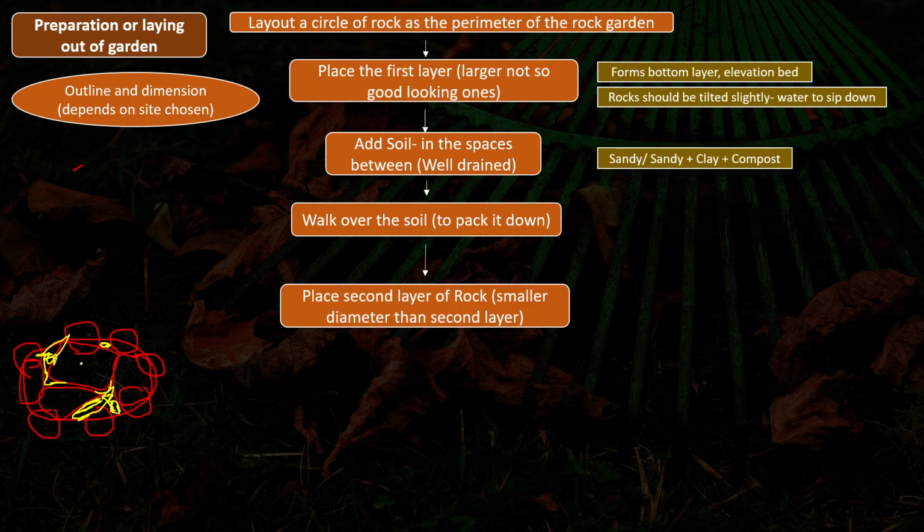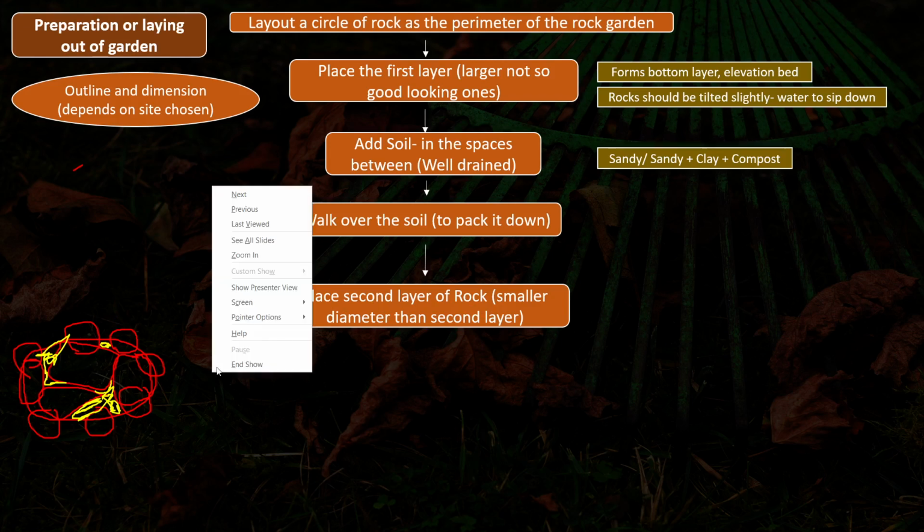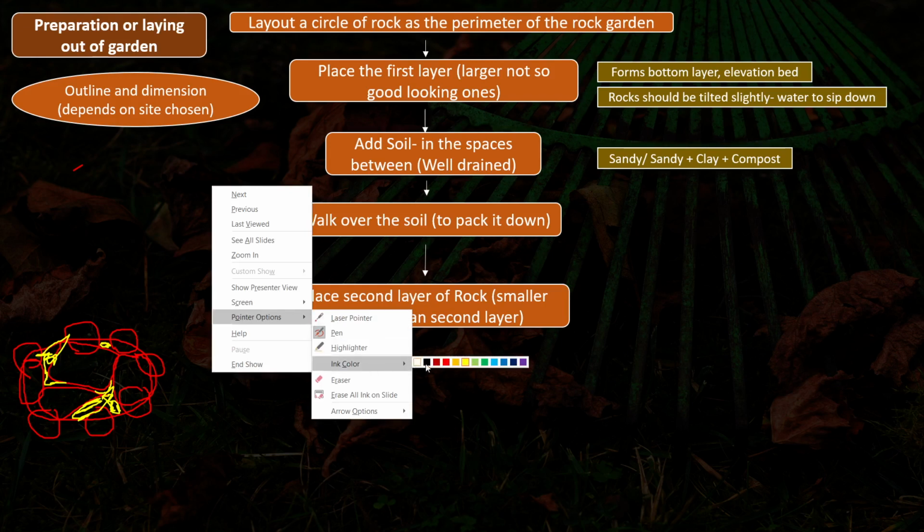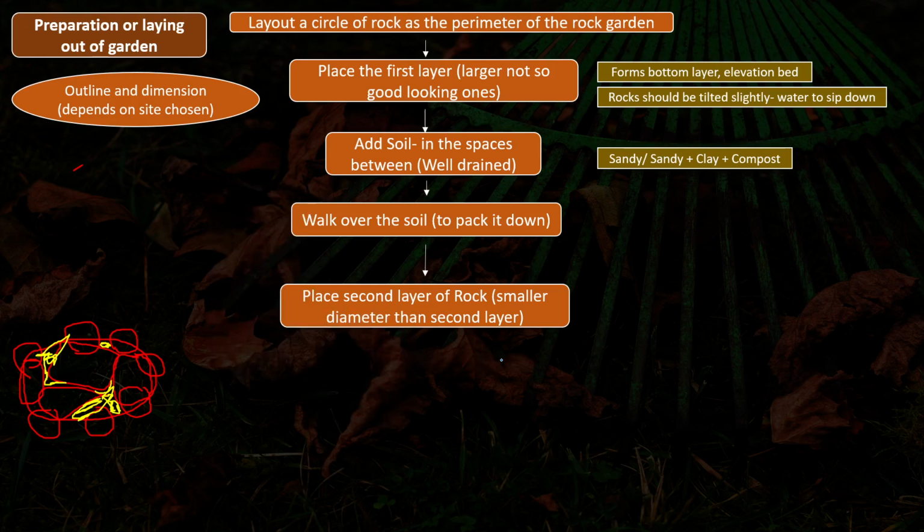Now what you need to do is, I'll change the color. Okay, I'll use blue. We already have applied the first layer of rock and then we added the soil in between the crevices. Now we will add the second layer of rock.